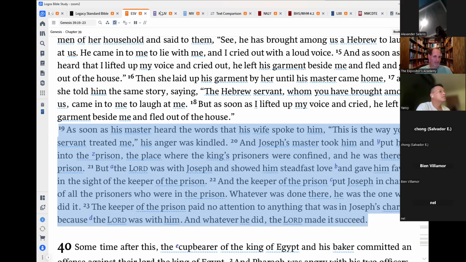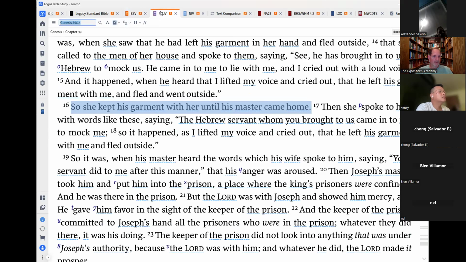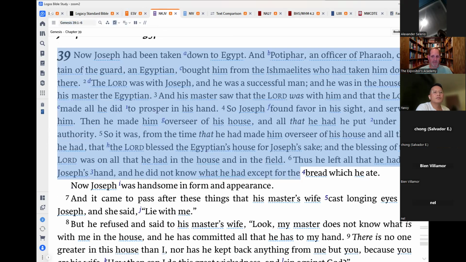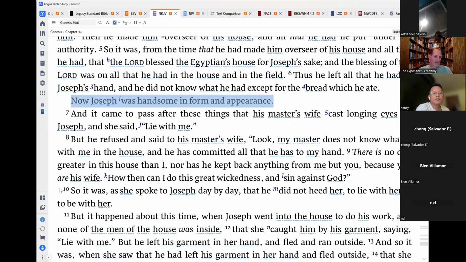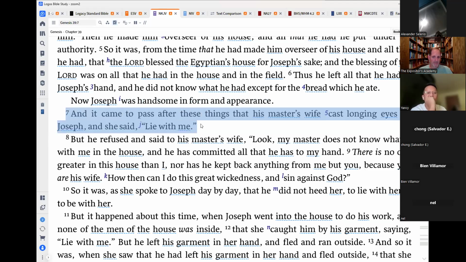The New King James, wow, even breaks it up further. So the New King James has verses 1 to 6, and then separates out this comment about Joseph. And then, well, notice it really breaks it down.